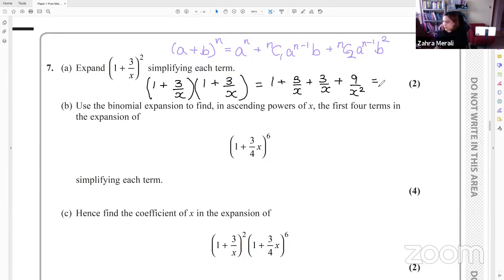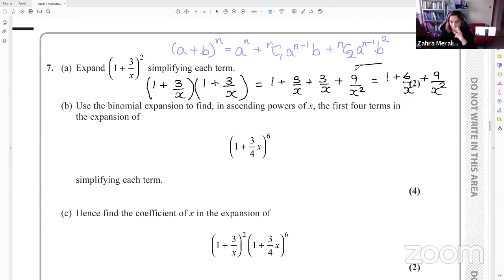So when you've done that, you can simplify that. If you've got 3 over x plus 3 over x, that gives you 6 over x. So you've got 1 plus 6 over x plus 9 over x squared. So hopefully that's nice and easy. But now we're going to try to use this formula that we have to open up.